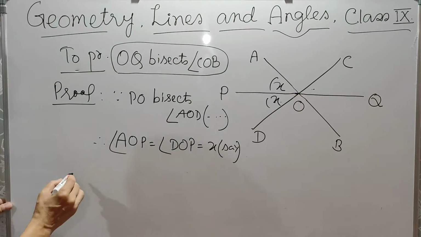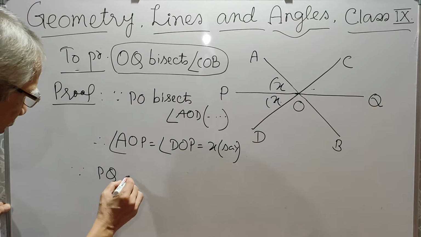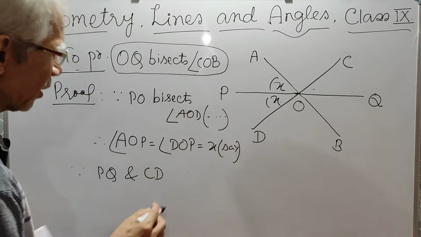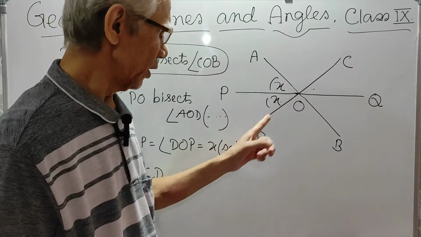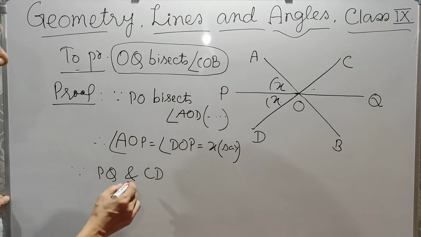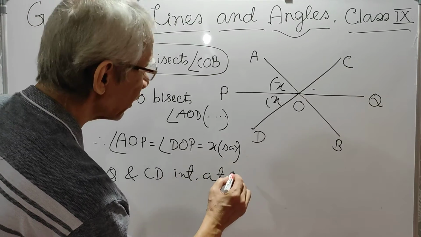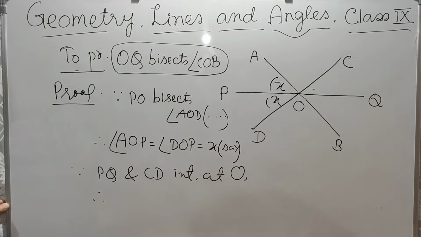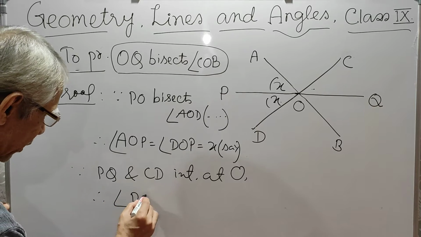Since PQ is a straight line, that is given, and CD is a straight line, and PQ and CD intersect at O, therefore these two are vertically opposite angles, angle POD.